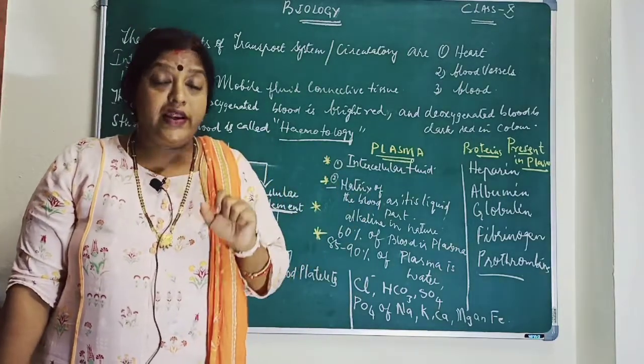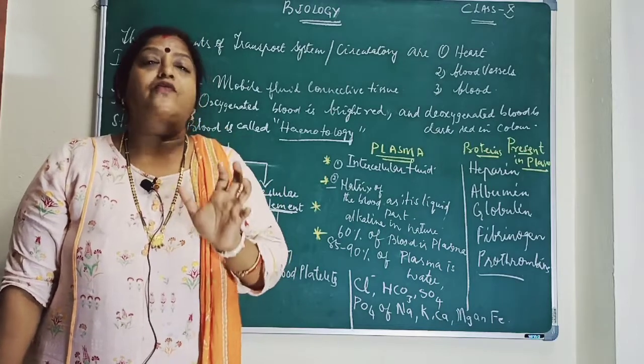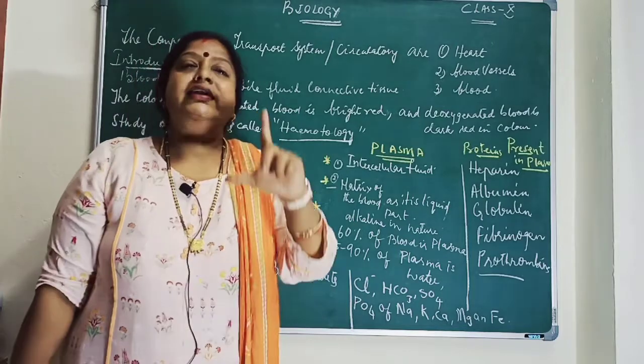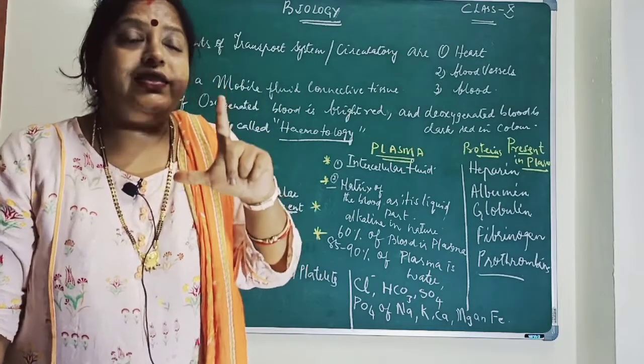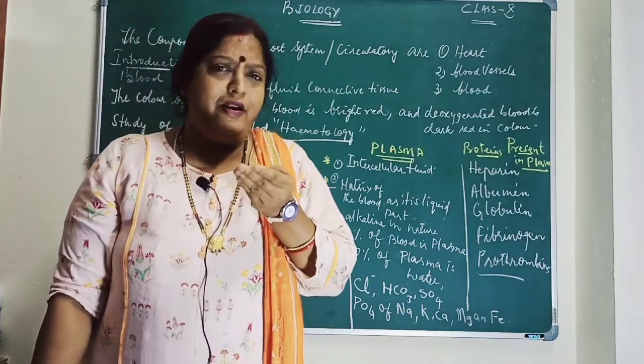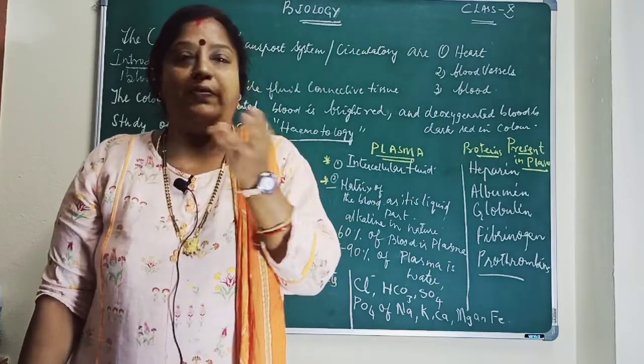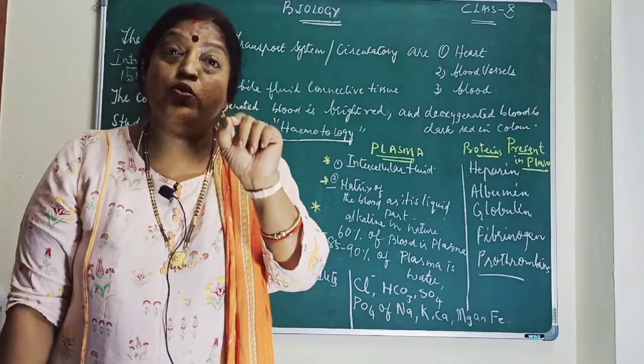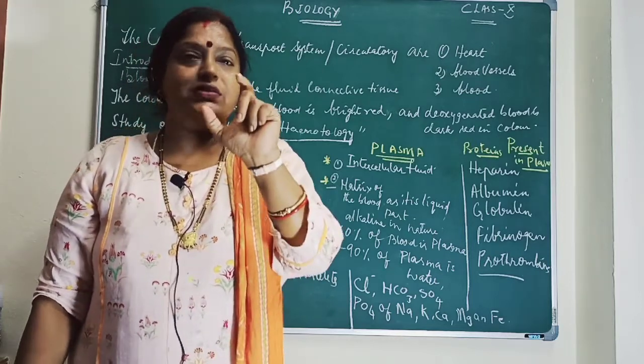If you want to read the composition of the blood, what is present in the blood, children, then what you have to do: take a test tube, collect a few ml of blood from the nearest doctor or primary health center, and add sodium oxalate or sodium citrate crystals in the test tube.